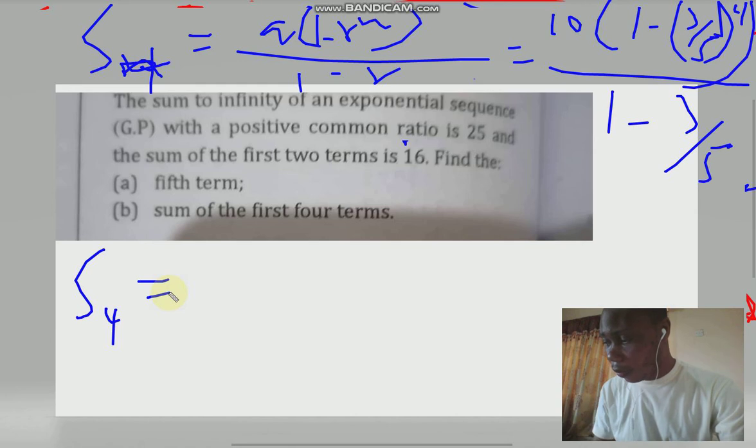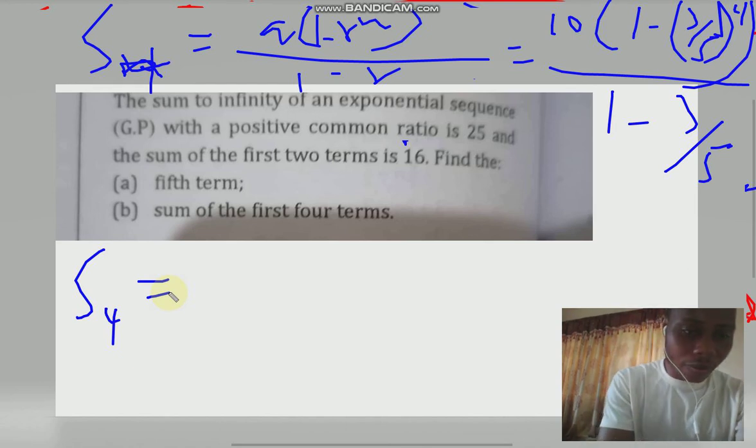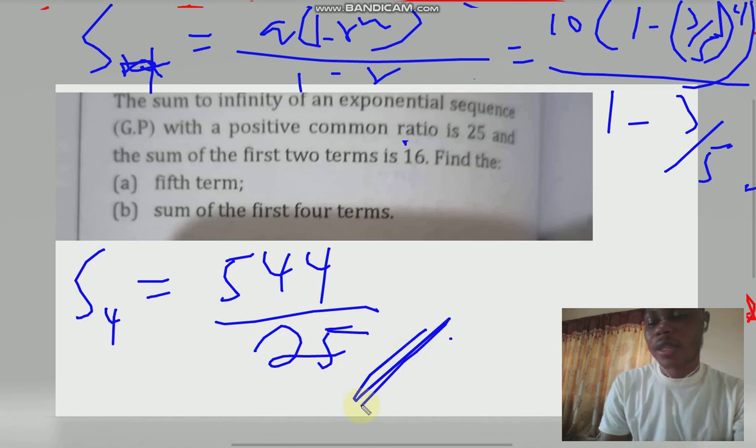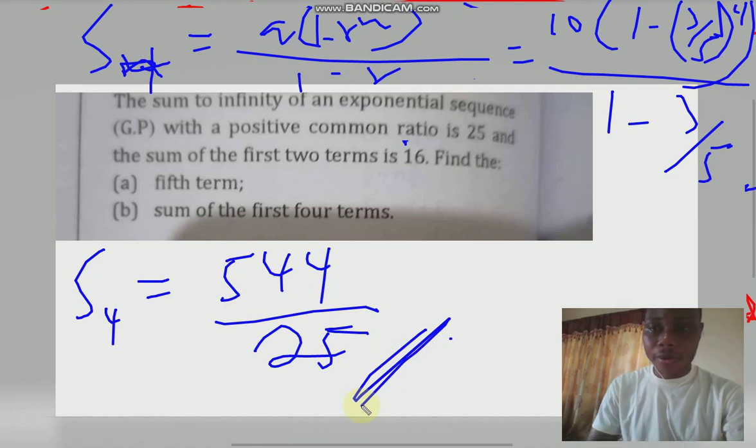I'm going to get 544 over 125. Maybe you can punch it and see if that will be correct. Check the values whether they are the same. Alright, so that's how we are supposed to solve this question.